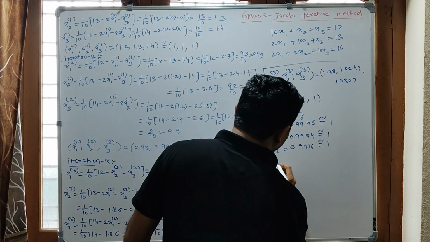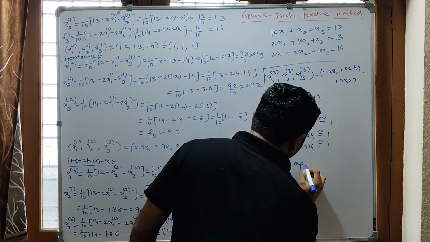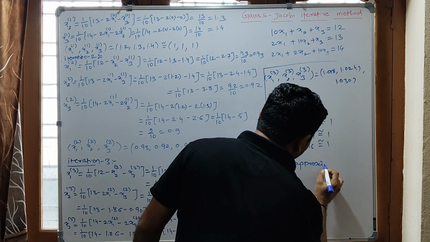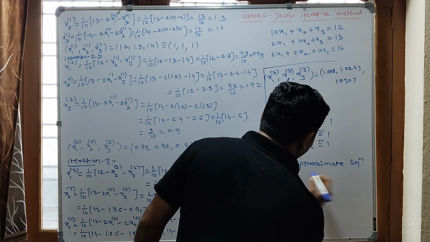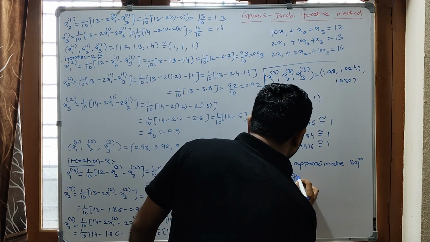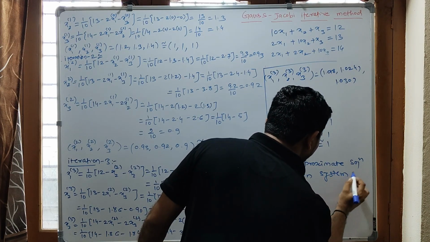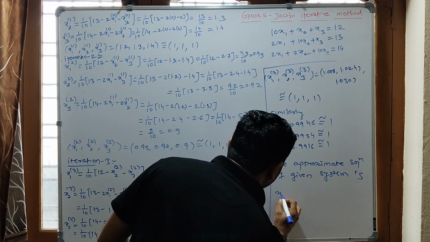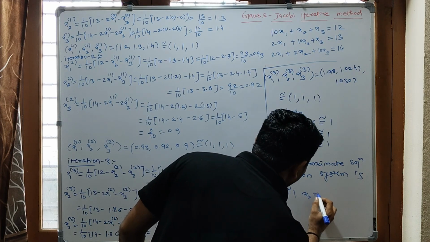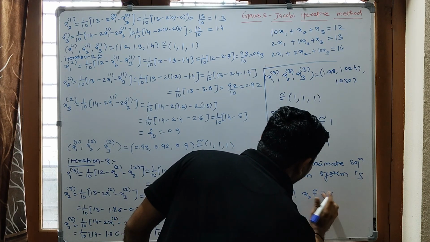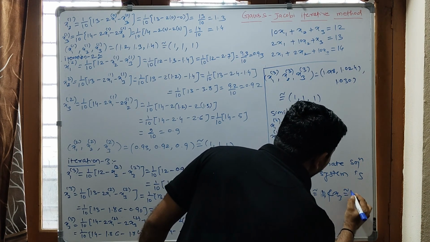After that, at last write the statement: the approximate solution of the given system is x1 approximately equal to 1, x2 approximately equal to 1, and x3 approximately equal to 1.